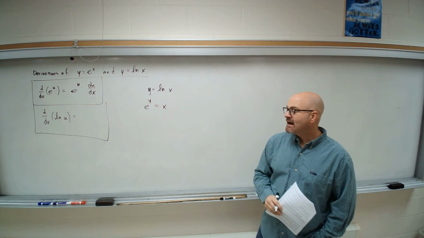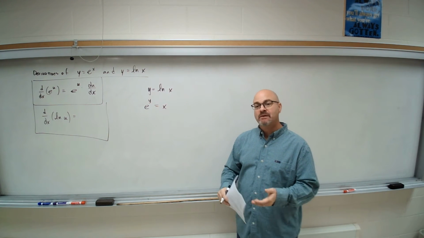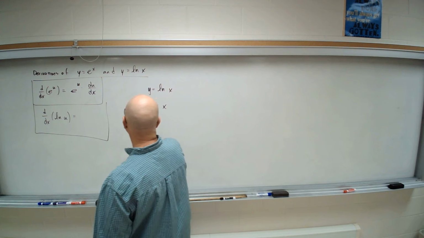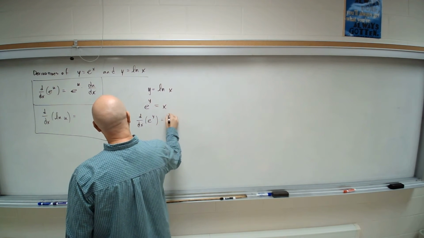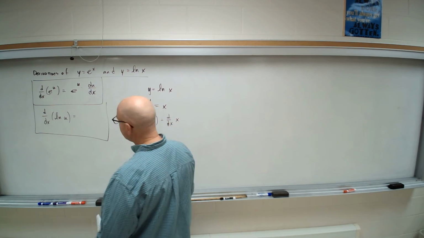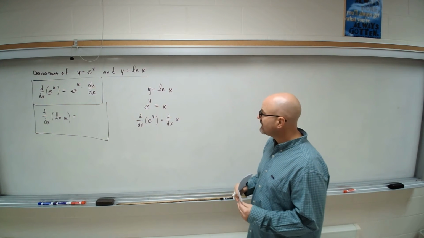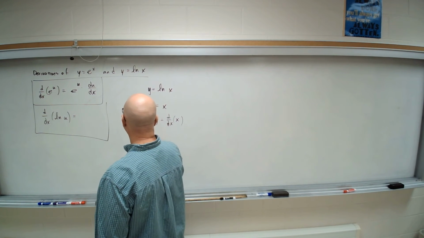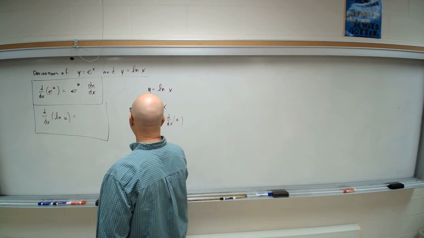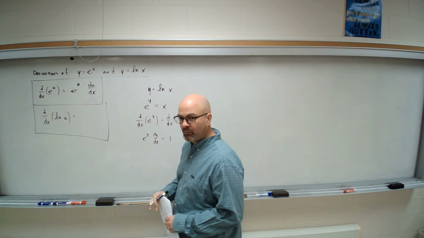Now at this point, I'm going to take the derivative of both sides with respect to x. So the derivative with respect to x of e to the y, the derivative with respect to x of x. So that's just going to give us e to the y times dy dx equals 1.